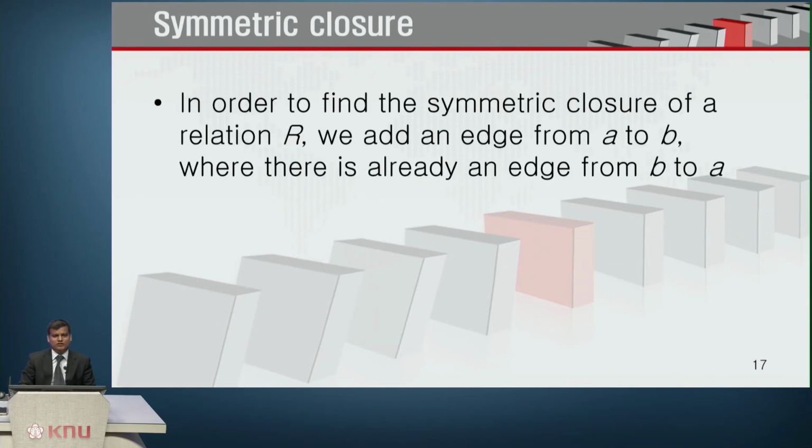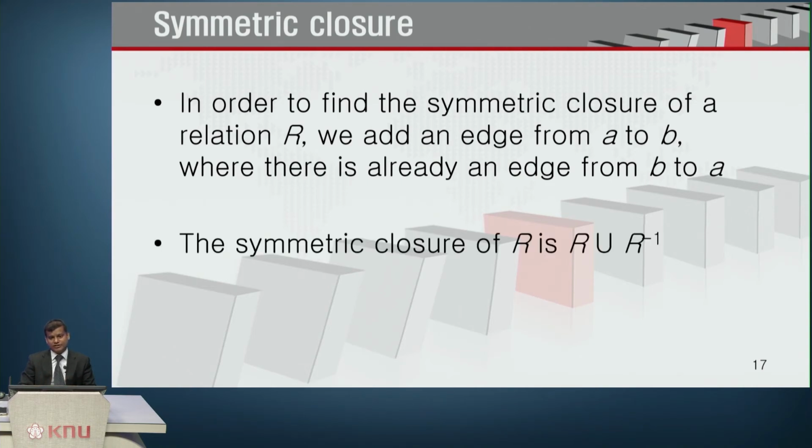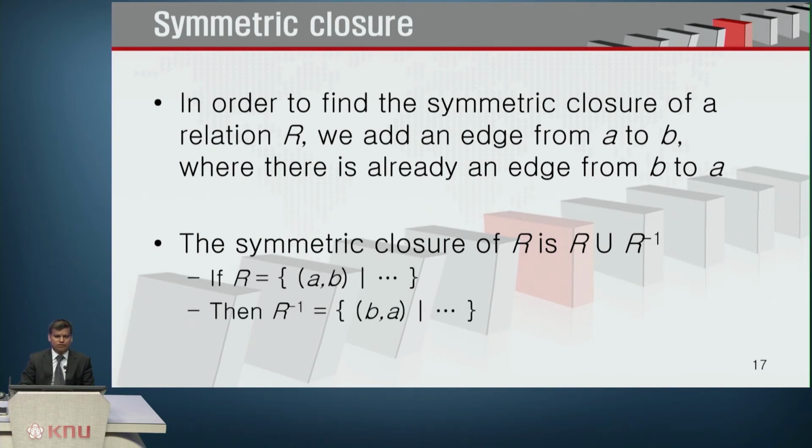Yes, so in order to find a symmetric closure of a relation R, we add an edge from A to B where there is already an edge from B to A, so we have the edge in both directions. Then the symmetric closure of R is R union R inverse.